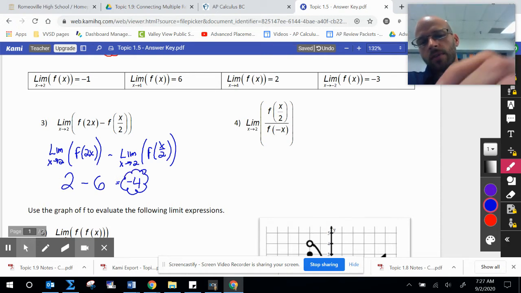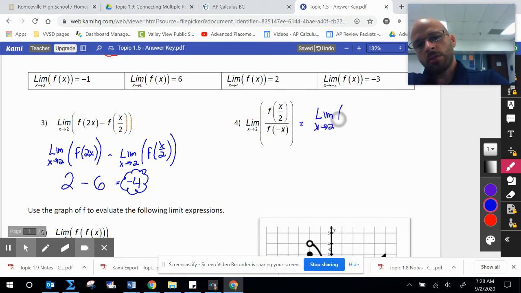Keep going. I have another quotient here. So I'm going to say the limit as x approaches 2 of f of x over 2 all over the limit as x approaches 2 of f of negative x.